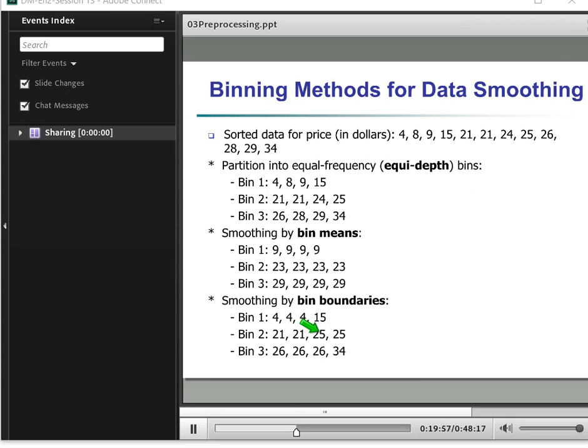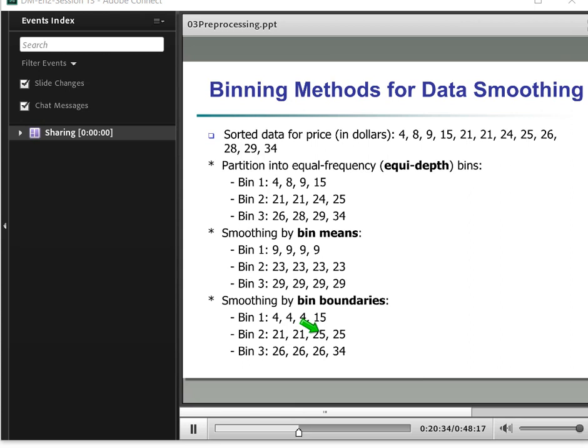In this example, you can see that in smoothing using boundaries, we replace all items with the lowest one.